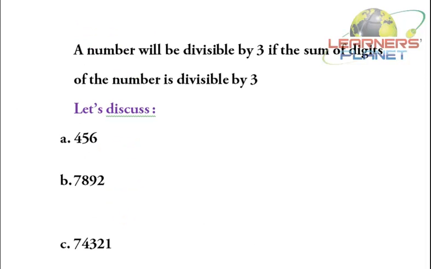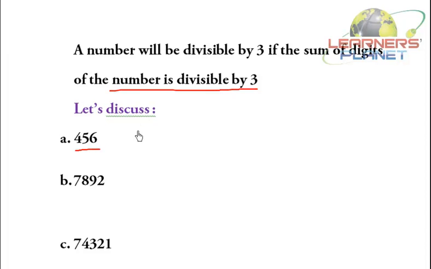Now let's see the divisibility test of 3. A number will be divisible by 3 if the sum of digits of the number is divisible by 3. Let's elaborate it with some examples. I have a number 456 over here, and according to the rule, I add the digits.